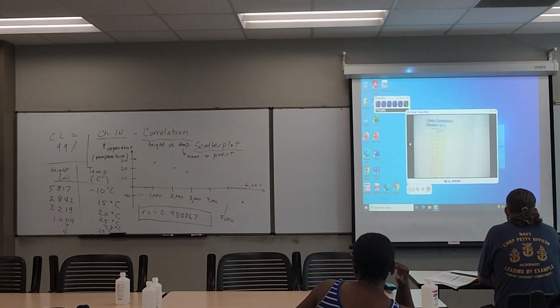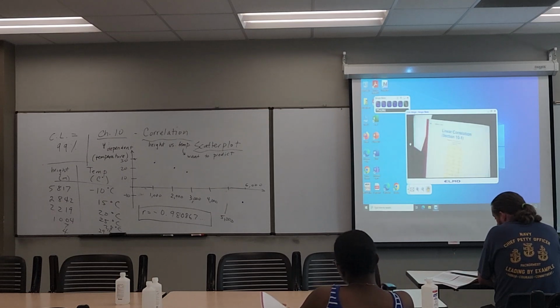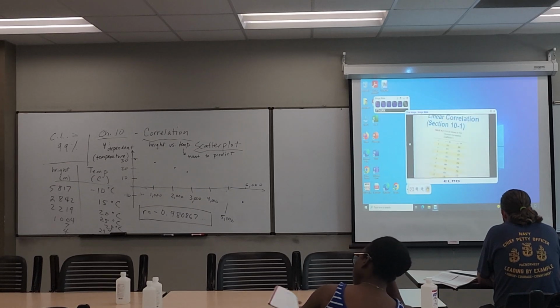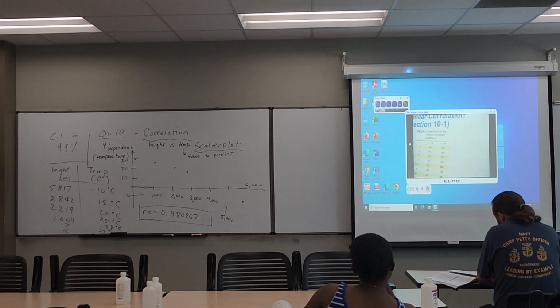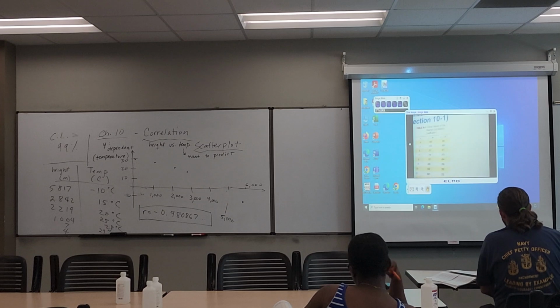Okay, so the table that we're using is this table. It's titled Linear Correlation. It's page 564 of your book, Table A5.